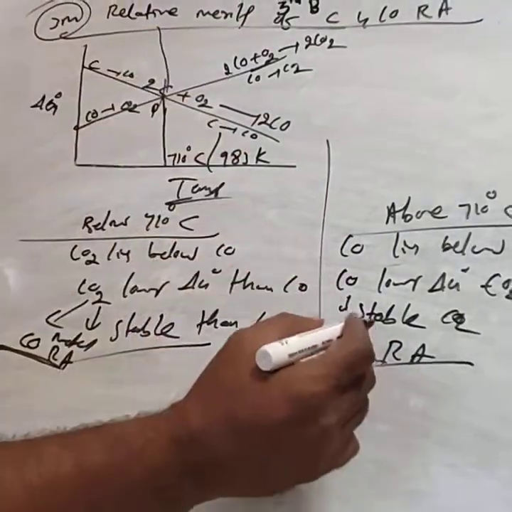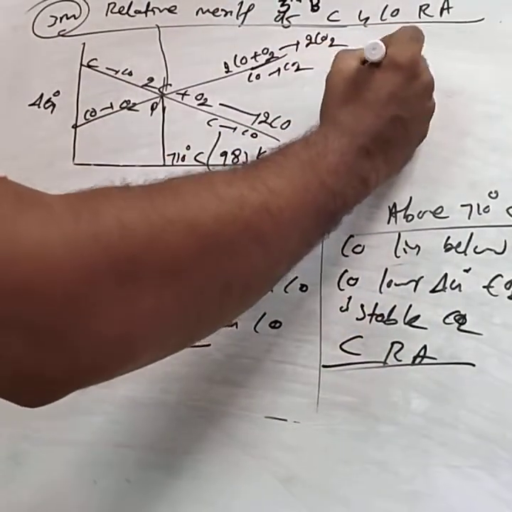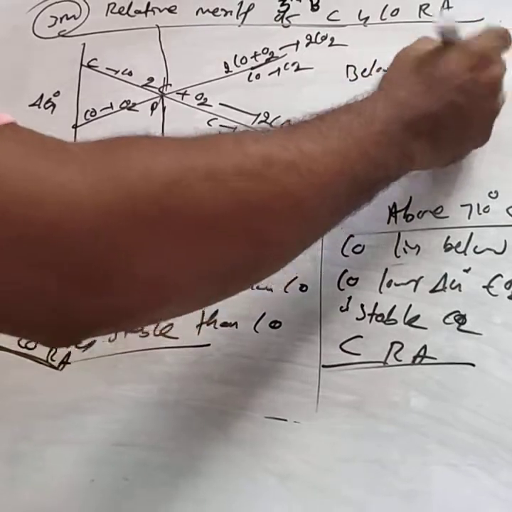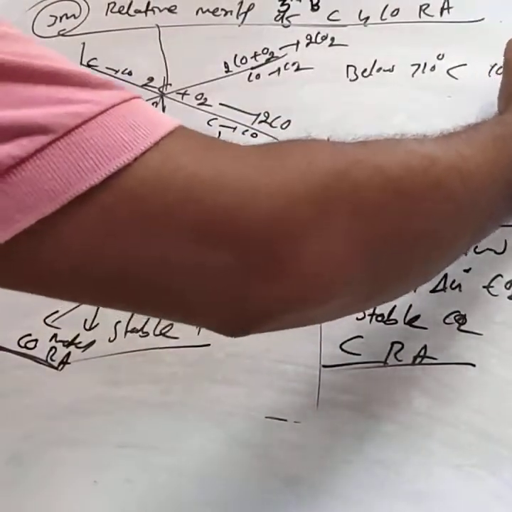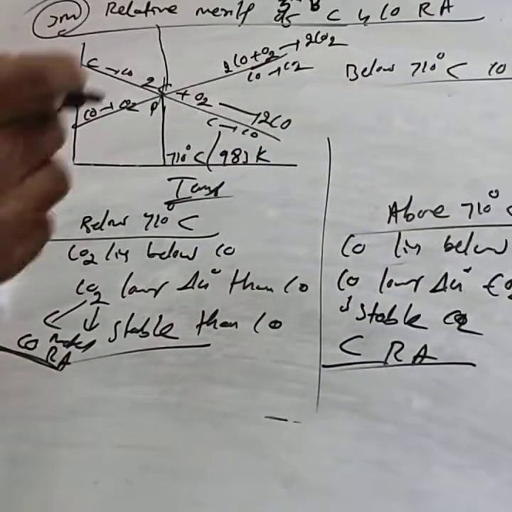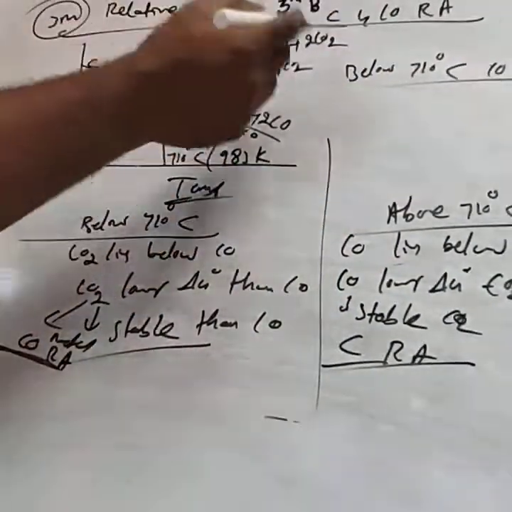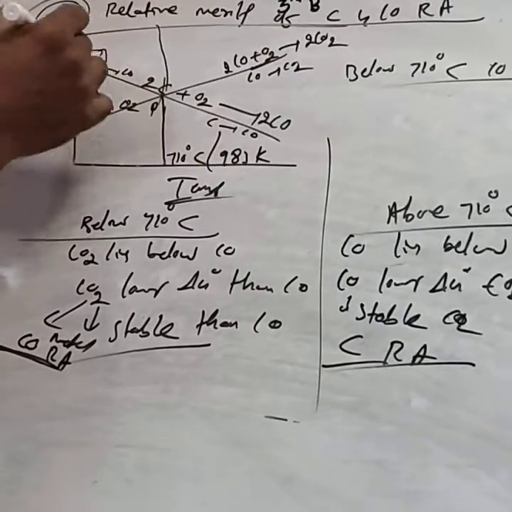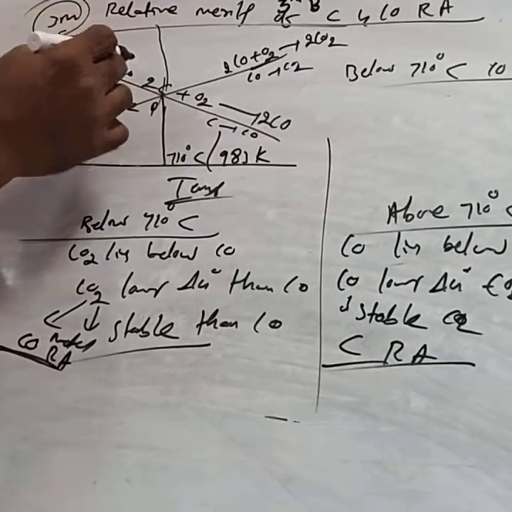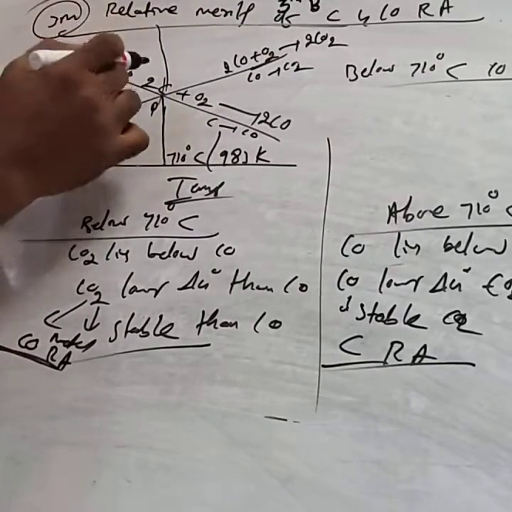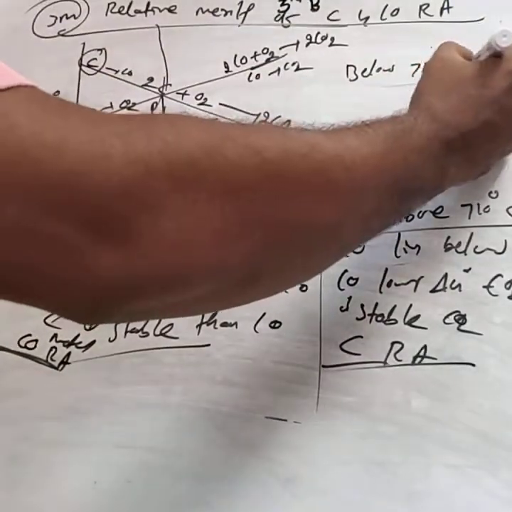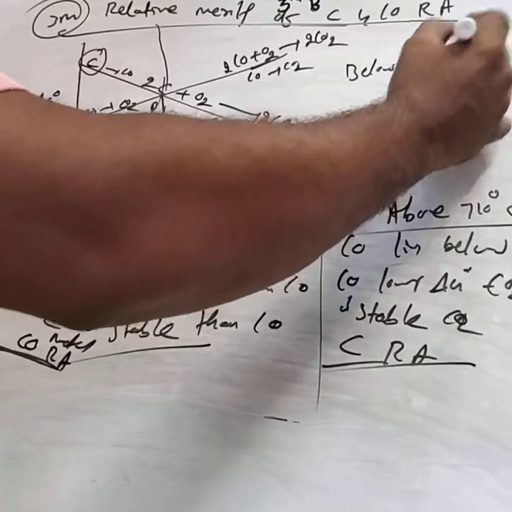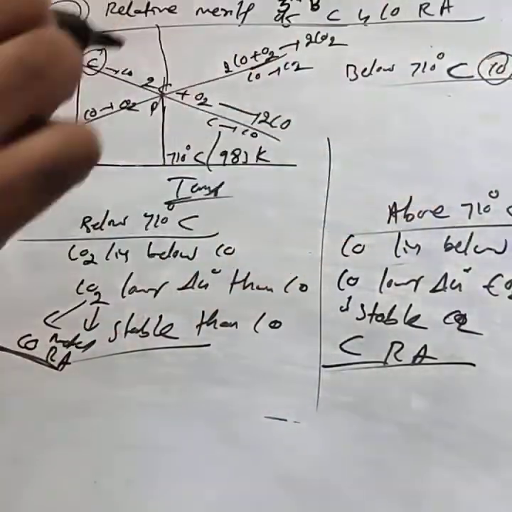The final conclusion, most important: below 710 degrees Celsius, CO acts as a reducing agent in the metallurgical process. Even if you add coke, that is carbon, into the furnace, coke does not act as a reducing agent below 710 degrees Celsius; CO acts as the reducing agent.